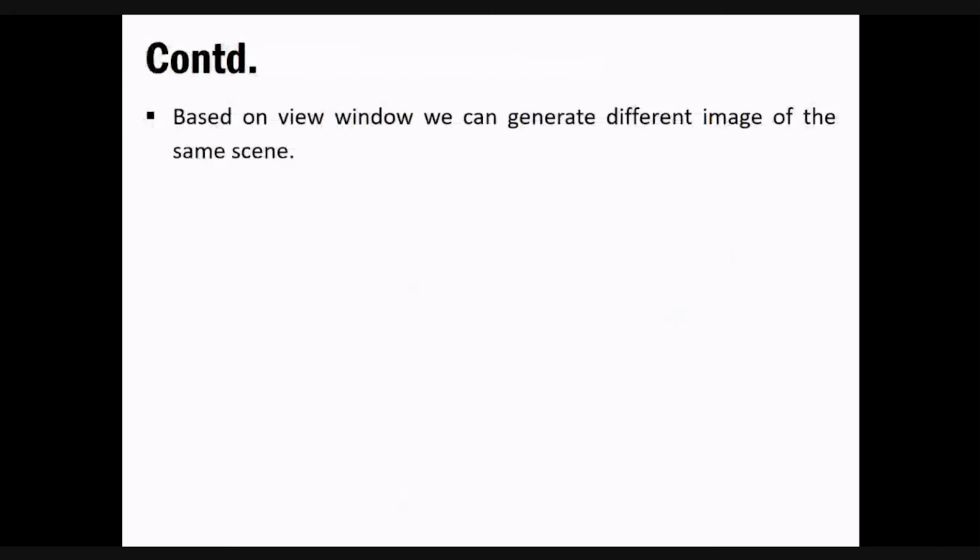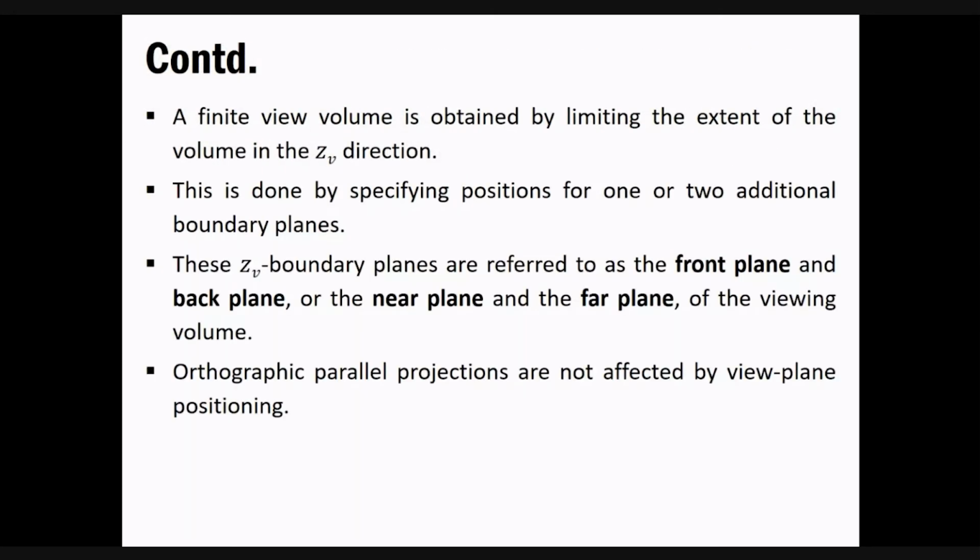Orthographic parallel projection is not affected by view plane position. Why is it not affected? Because we have defined that whatever we take from the given object is taken perpendicularly and displayed on the view plane.